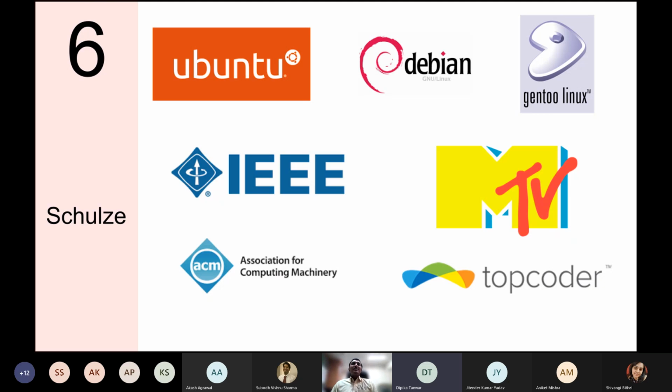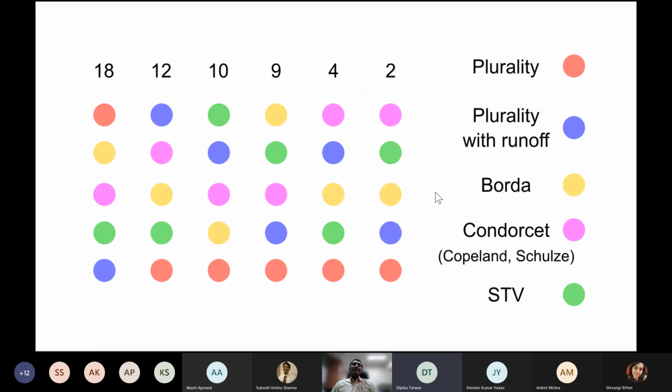Okay, good. So I sort of threw a bunch of voting rules at you today, right? We saw a couple of score-based voting rules, plurality and Borda. We saw a couple of multi-round voting rules or runoff-based rules, plurality with runoff and STV. And we saw a couple of Condorcet rules, Copeland and Schulze. And it turns out that there exist elections where all these voting rules give you different outcomes.